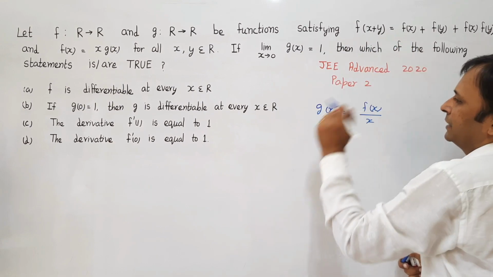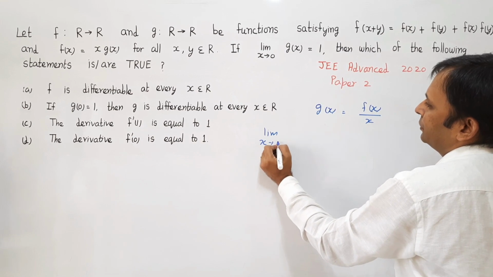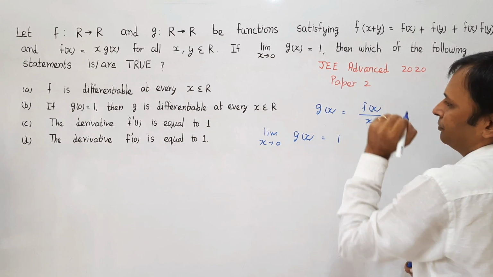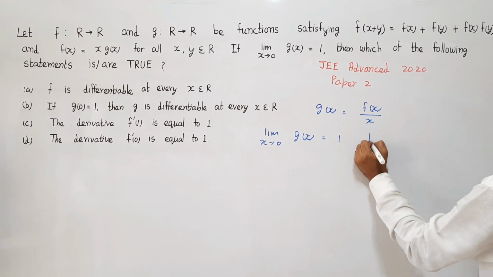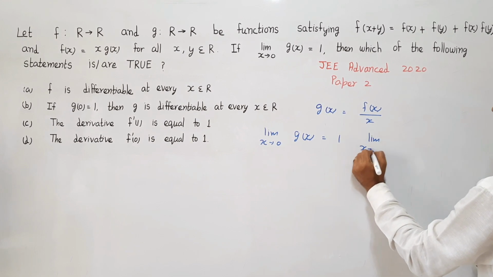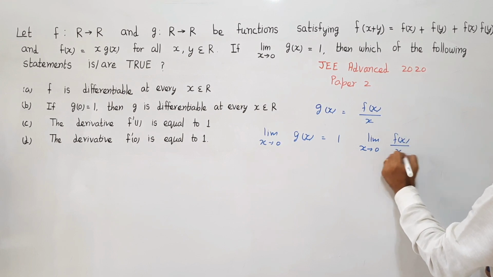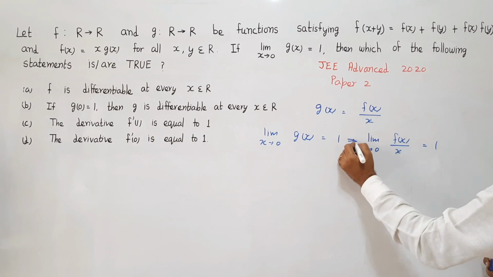Now about g(x), what they have said is the limit as x approaches 0 of g(x) is equal to 1. But what is g(x) here? I have written it as f(x) upon x. So I will write the limit as x approaches 0 of f(x)/x. This value should also be equal to 1, because g(x) is nothing but f(x) upon x.